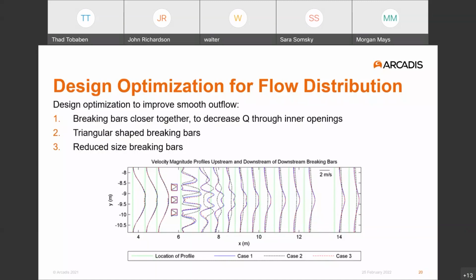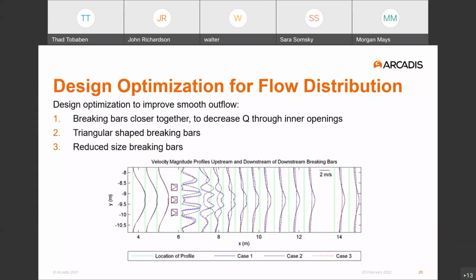And then on the exiting flows, there were fairly pronounced disturbances in the flow patterns leaving the openings, and those disturbances persisted a good distance into the lock.